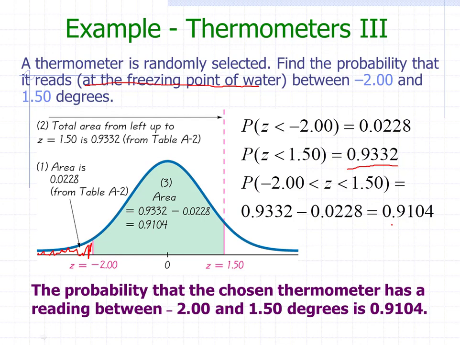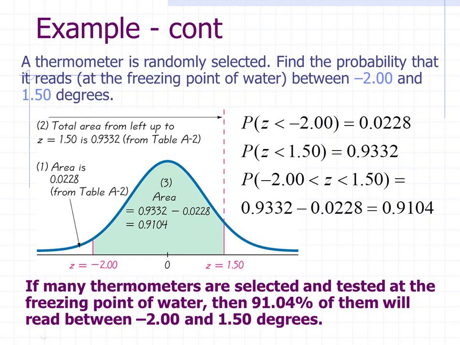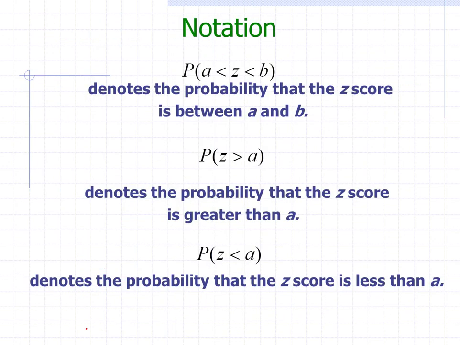And we get the area between is 0.9104. Let's keep going with the tables and then we'll go back and do all of these with StatCrunch. If many thermometers are selected, then about 91% of them will read between a negative 2 and a positive 1.5 degrees.